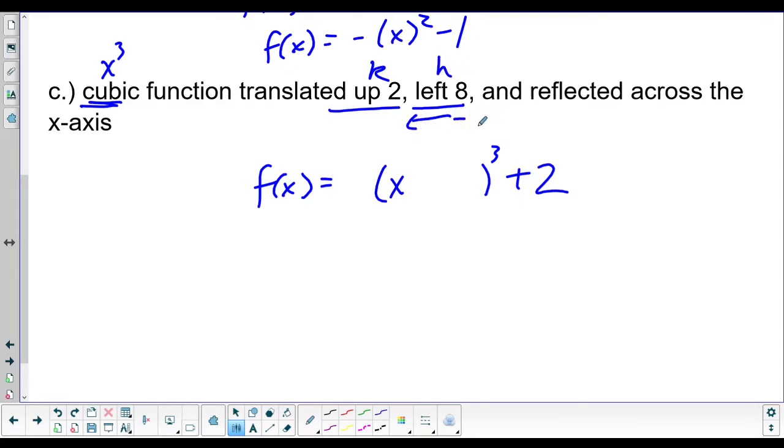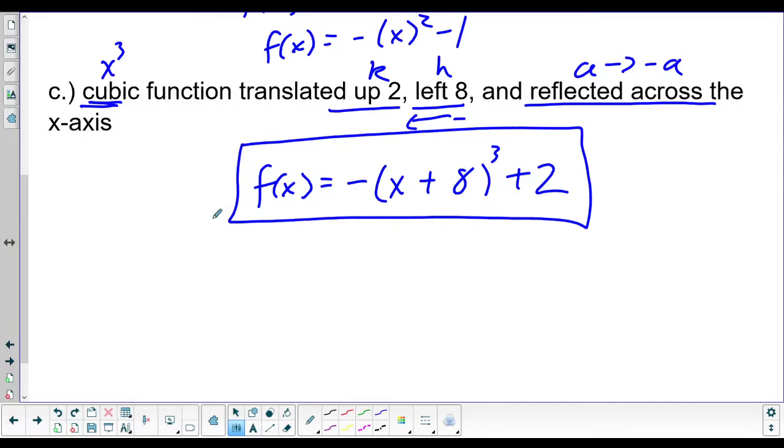Normally left is negative, so we're going to flip that sign and put plus 8 and reflected. So that's a turning into a negative a. So we're going to put a negative sign in front, and this is the equation of that function. Not too bad, right? So you just set up the function, identify what variable is in charge of the transformation, and then put it into the function.